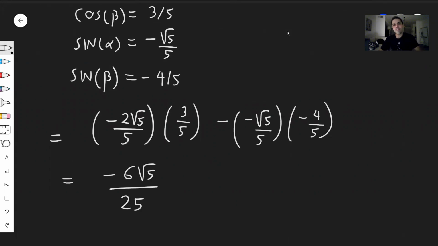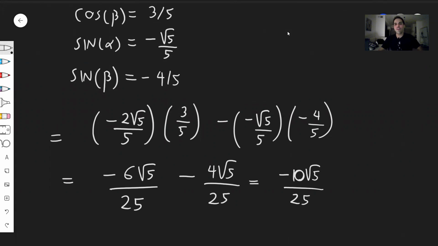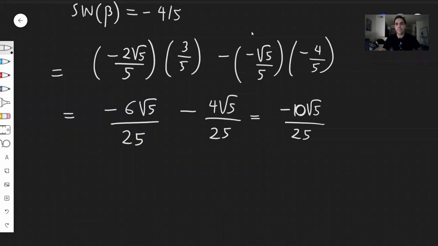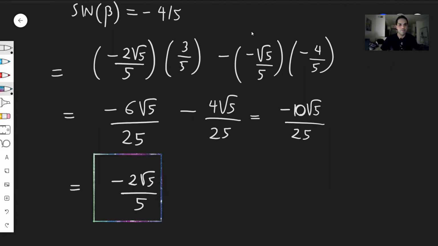And careful, 3 minuses, which becomes minus 4 square root of 5 over 25. And that becomes minus 10 square root of 5 over 25. But remember, 10 over 25, that's just 2/5. So minus 2 square root of 5 over 5. And this is finally the answer to the problem.